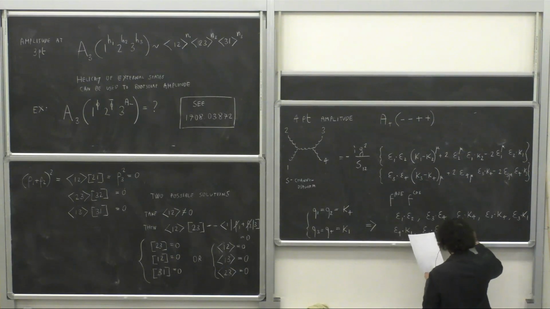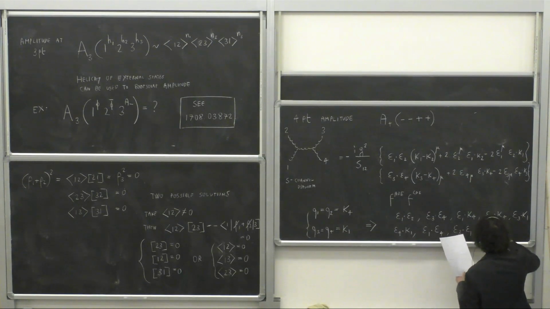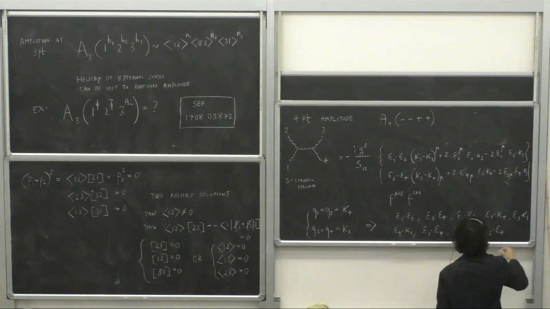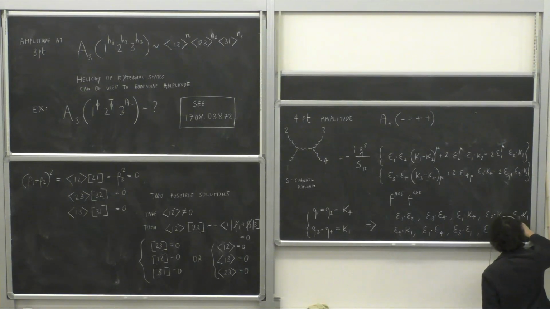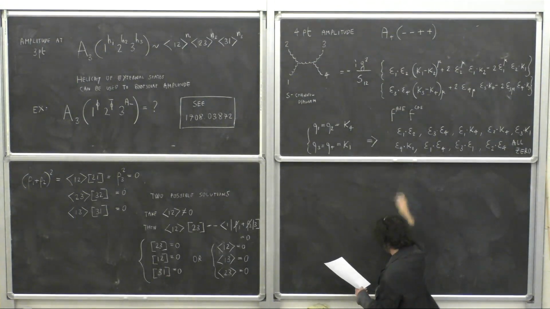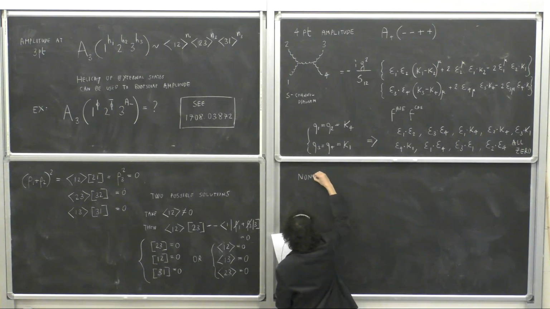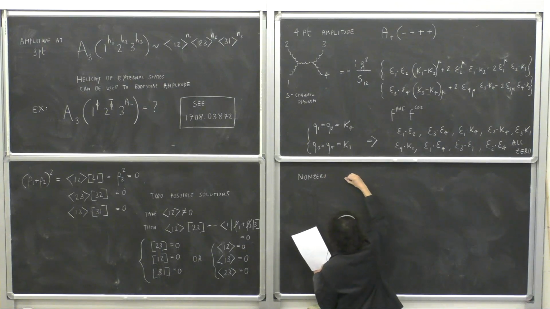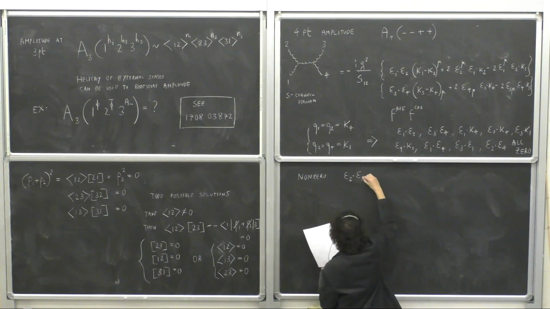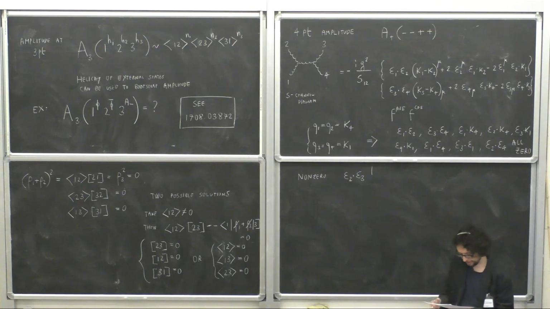By the same reason, we also have epsilon 3, epsilon 1, and we also have epsilon 2 and epsilon 4. All these are 0. You may even wonder if this is overkill and I set everything to 0, thereby clearly making a mistake. I just note that non-zero, there is this epsilon 2 dotted into epsilon 3. So this is the term I have to keep track of.